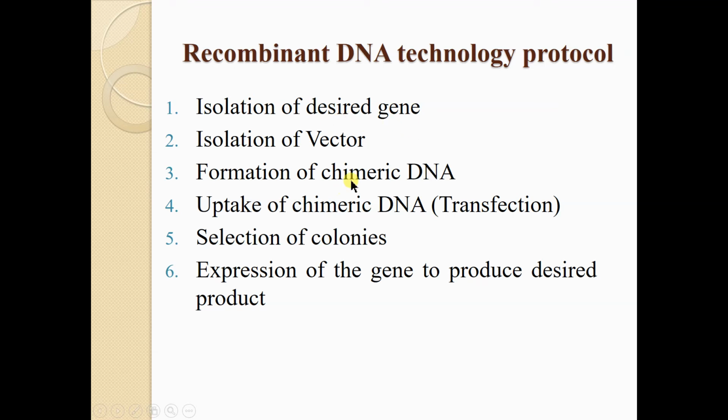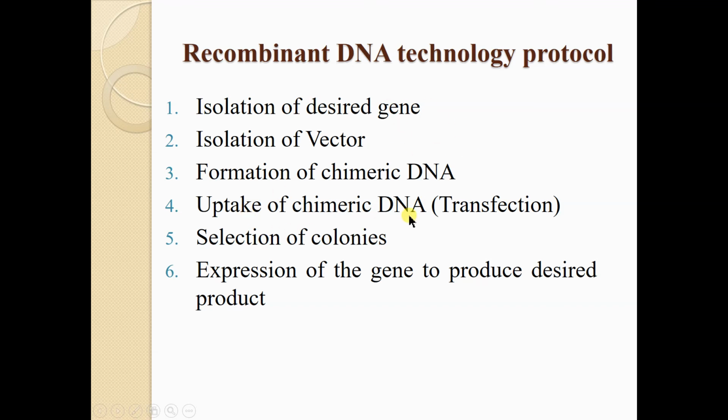So for that, in the third step we will synthesize only one chimeric DNA. Now its multiplication requires its transportation into a bacterial cell, because the vector is a double-stranded circular DNA molecule which is present independently in the bacteria, and it can also multiply independently of the bacterial genome.